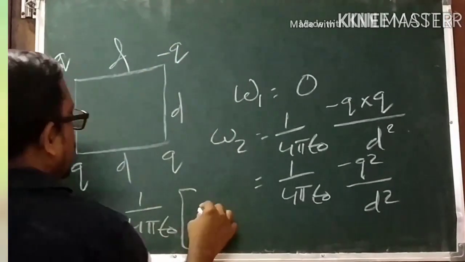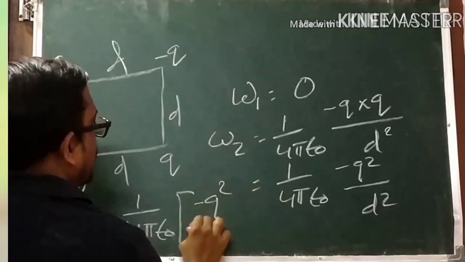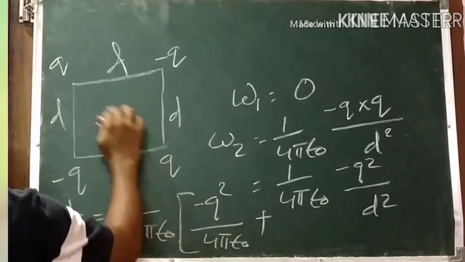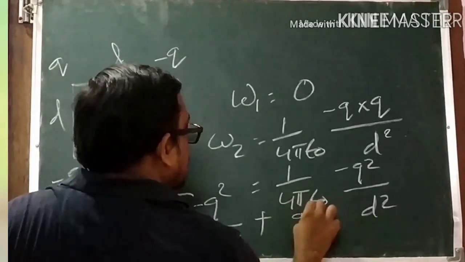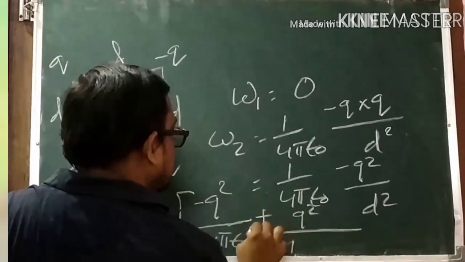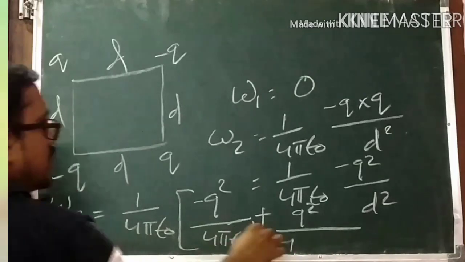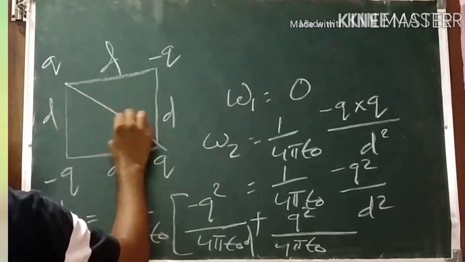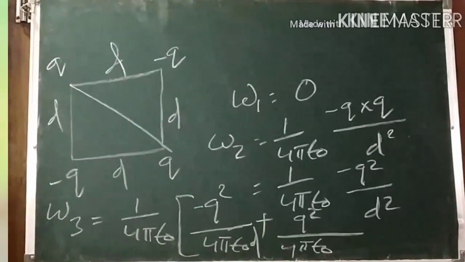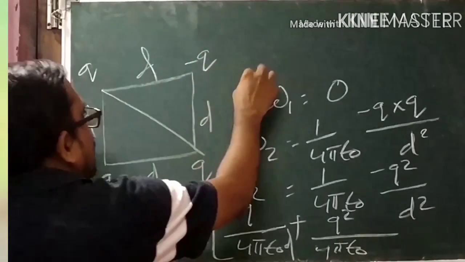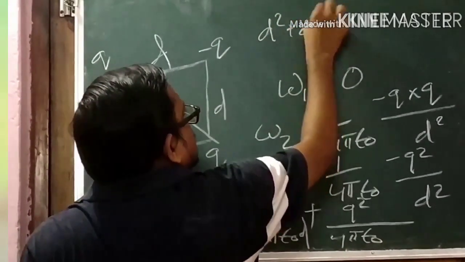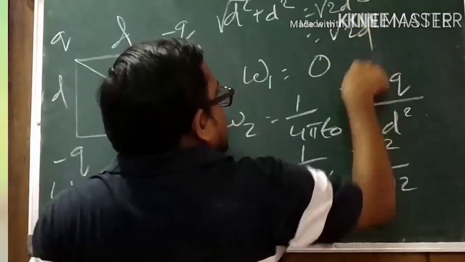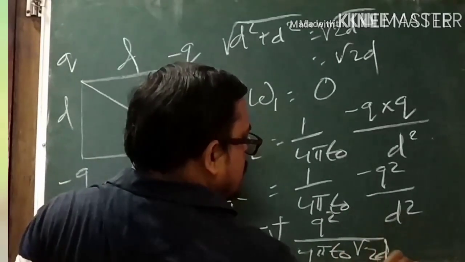There is a Q over here, so this is minus Q square by 4 pi epsilon 0 D, plus there is another one, this is also Q square, and here also D, because the distance between them is D. Now as we are using the Pythagoras theorem, this is D square plus D square, root over, so 2D square root over. So we are getting root 2 D.